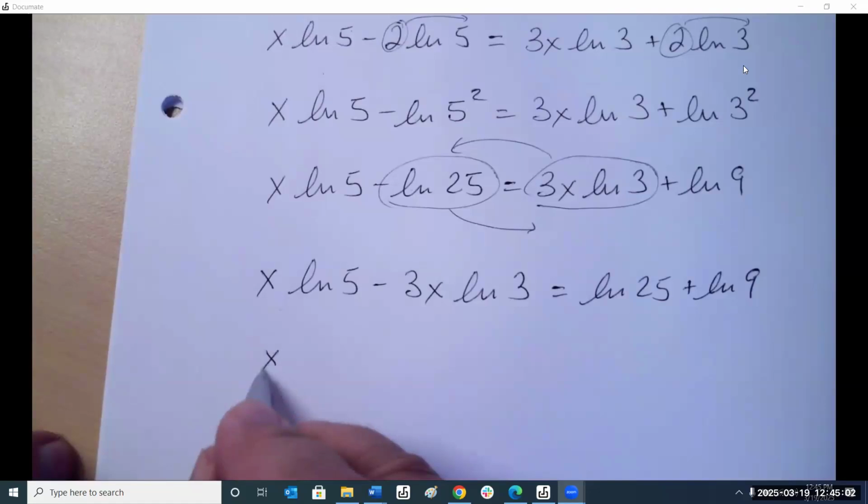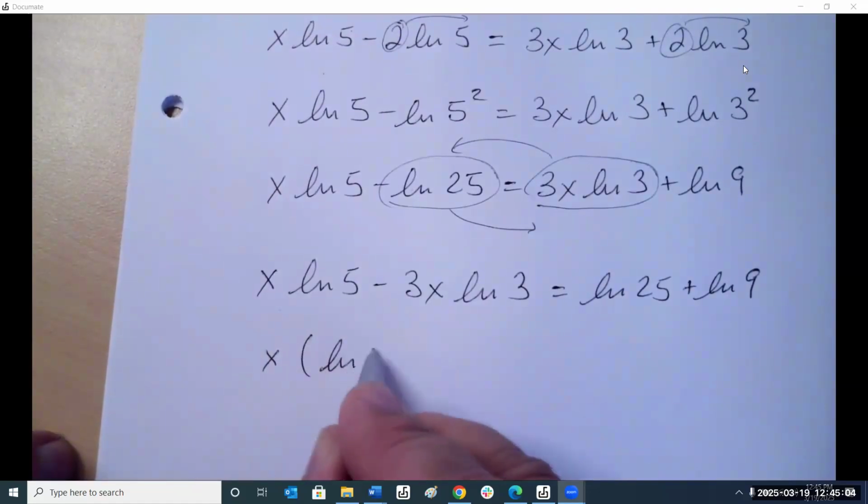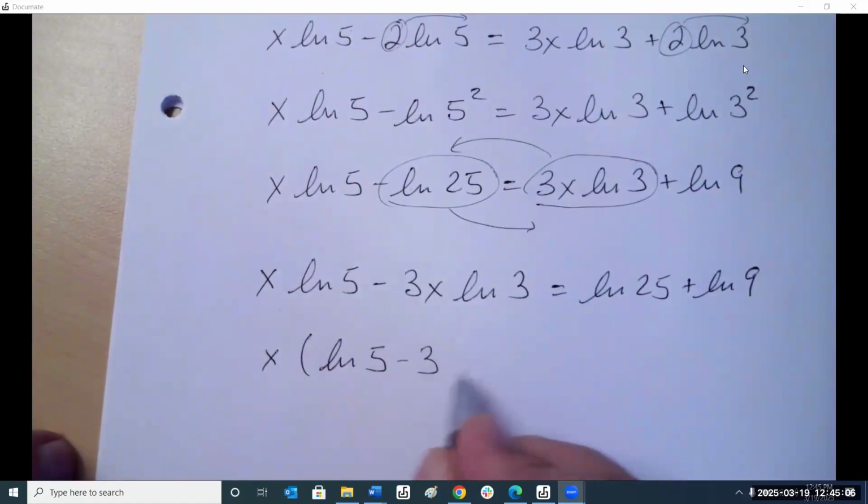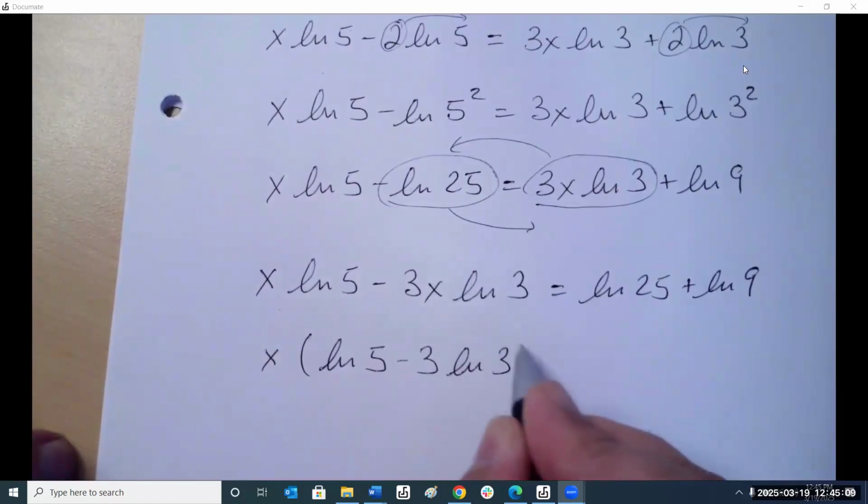We can factor out the x here, so we have ln 5 minus 3 ln 3.